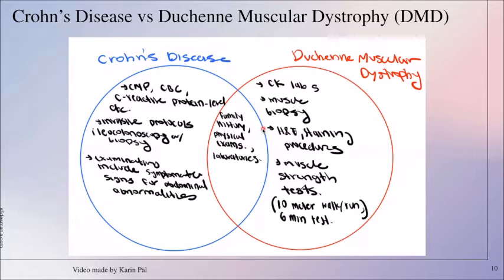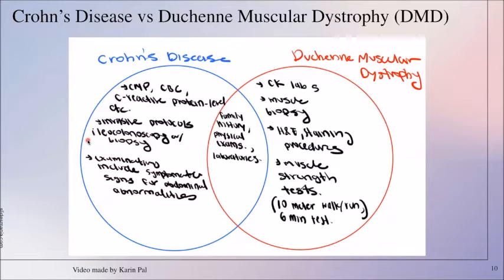Additionally, DMD diagnostic processing typically involves H&E staining procedures, immunoblots, immunofluorescence, etc. Whereas for Crohn's disease, the invasive protocols typically are looking for more visible lesions using ileocolonoscopy and biopsies.